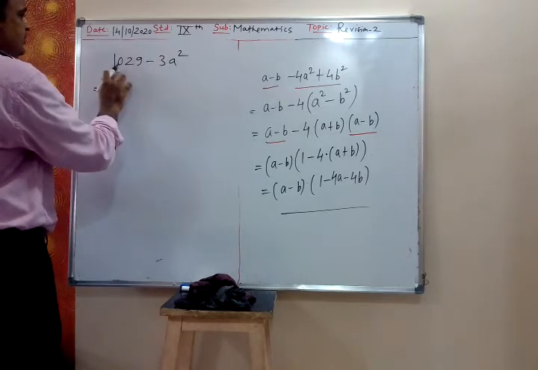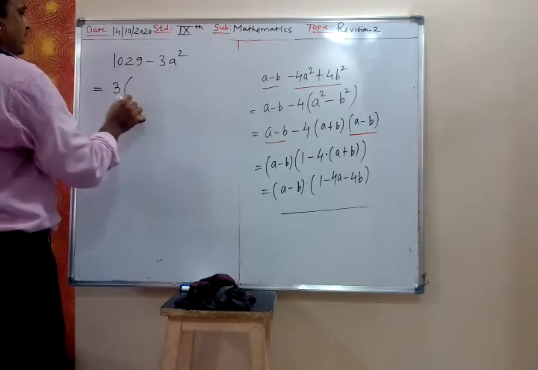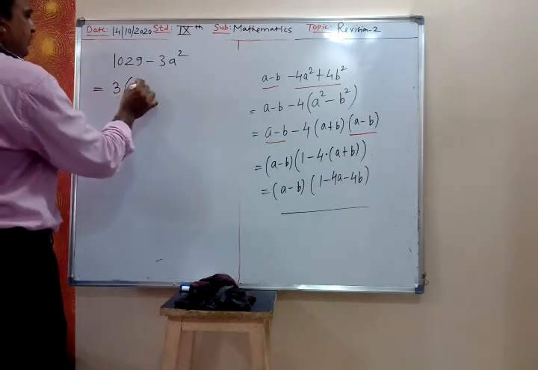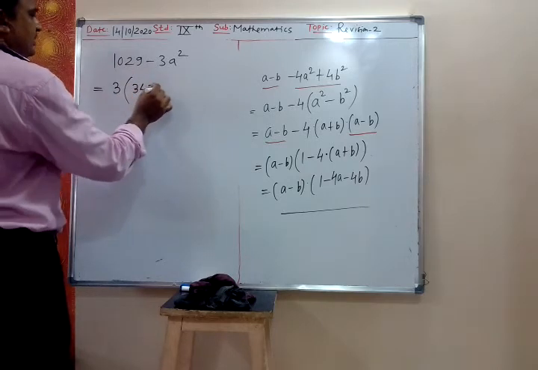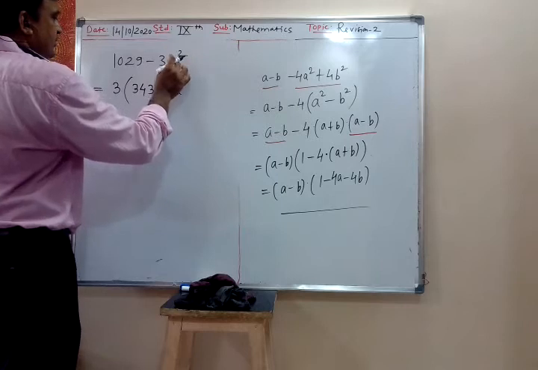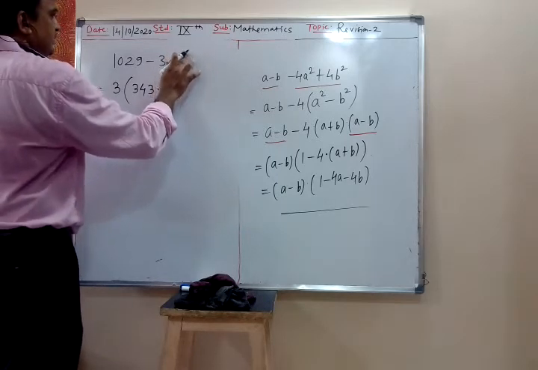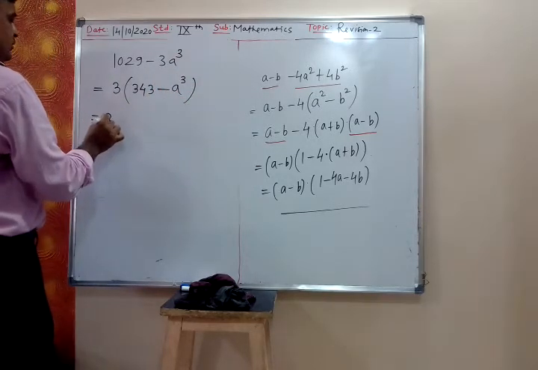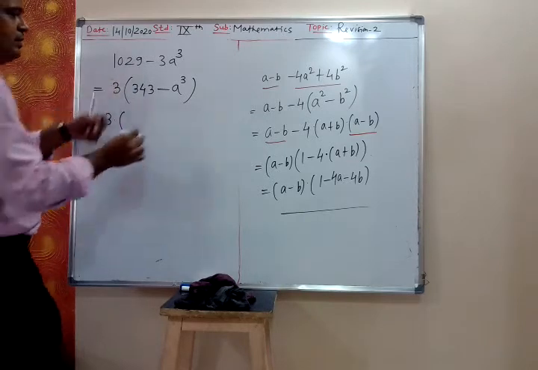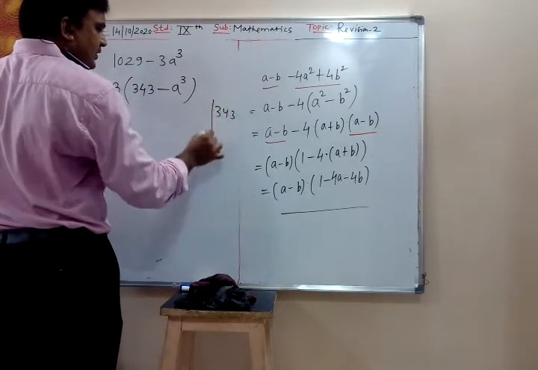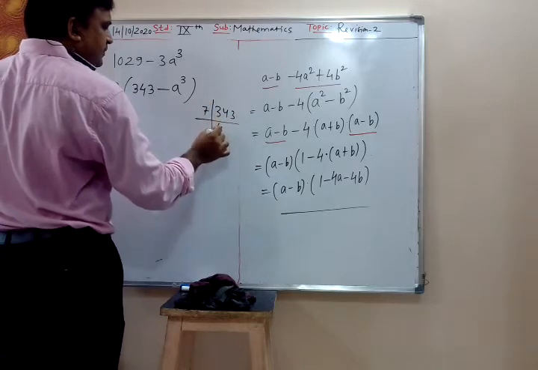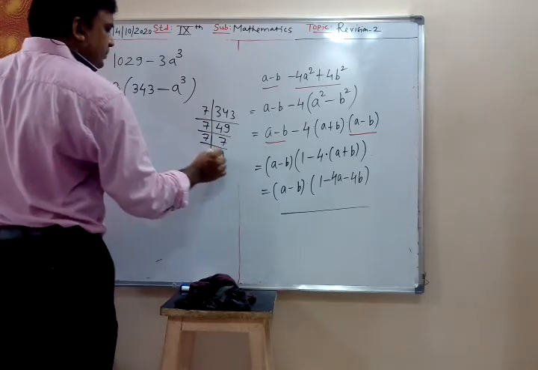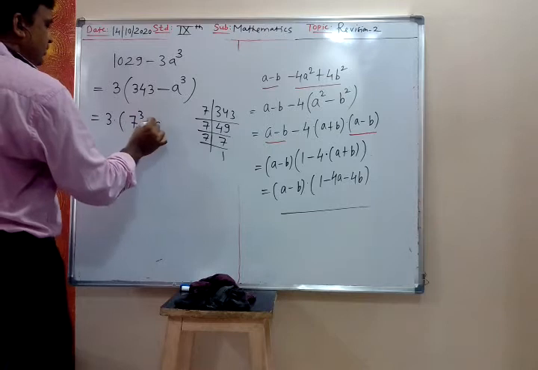So from these two, 1029 and 3, I will take 3 common. Then what is left in place of 1029? 3 3s are 9, 3 4s are 12, 3 3s are 9, 343 minus a square. Now this is not a square, this will be a cube, minus a cube. So this I write 3 into, now 343 is the cube of which number? You can simplify. 7 4s are 28, then 7 9s are 63, 7 7s are 49, 7 1s are 7, so 7 cube. So this is 7 cube minus a cube.